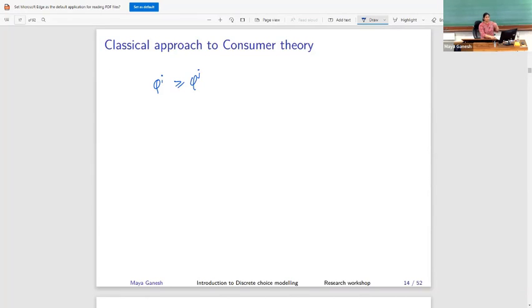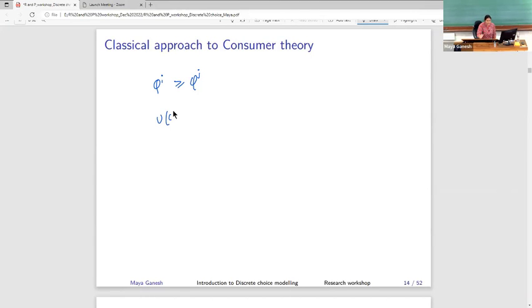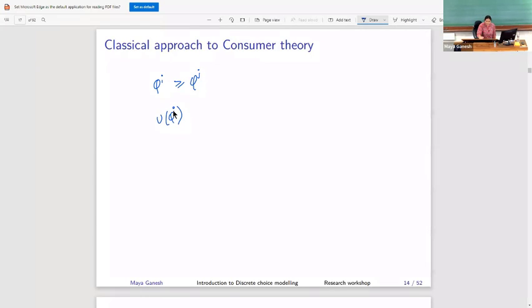So if we can define a utility for all of these bundles, all I am saying is that if the consumer chooses bundle i, then the utility the consumer gets from bundle i is greater than the utility from bundle j. Of course, this is assuming that it satisfies the budget constraint already.